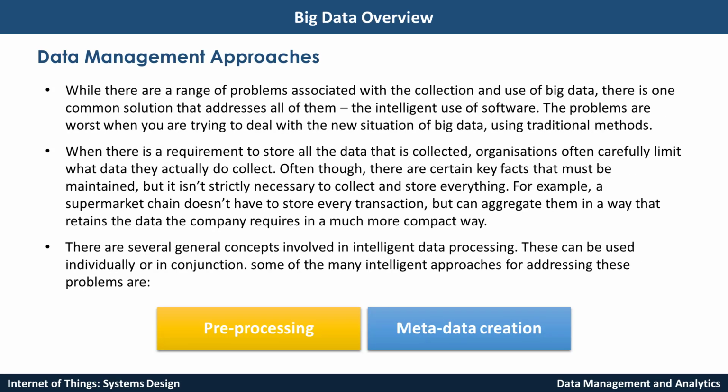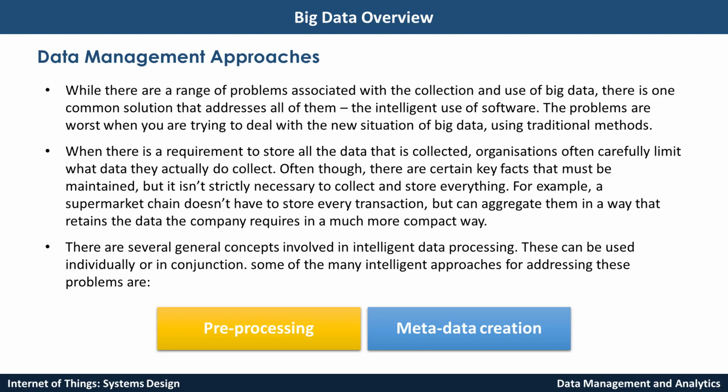There are 2 data management approaches that can be used to mitigate some of the challenges posed by big data. Sometimes people think that just because they collect data, they need to store all the data as well. This is not necessarily true. Often there are certain key facts or information that need to be stored and maintained.